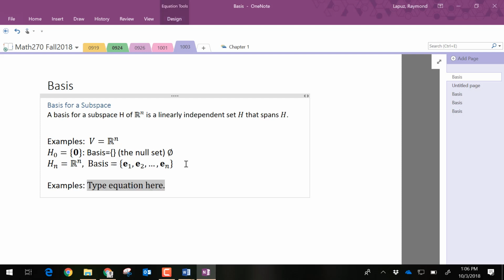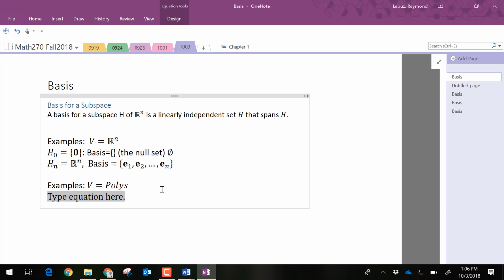Let's take a look at our V equals a set of polynomials. I don't know if we called it anything. Polynomials. All right, so I think we had a subspace.